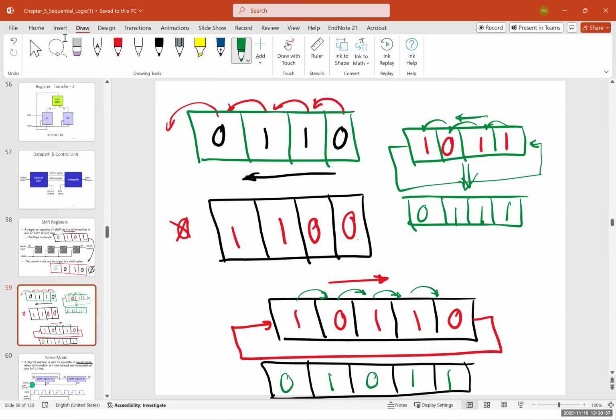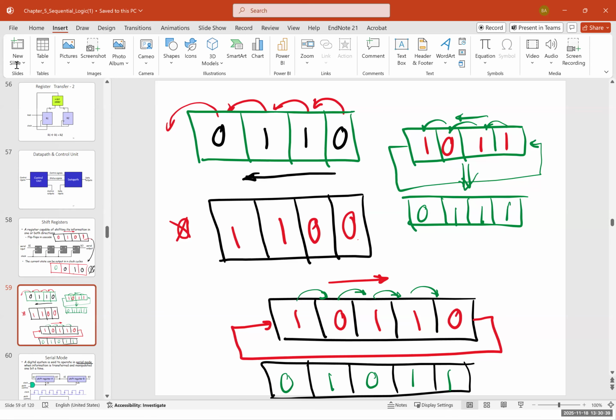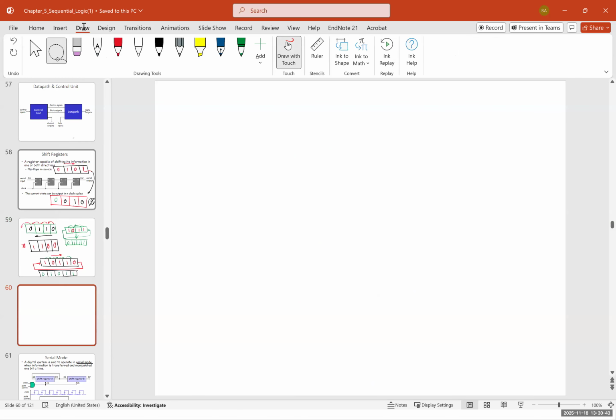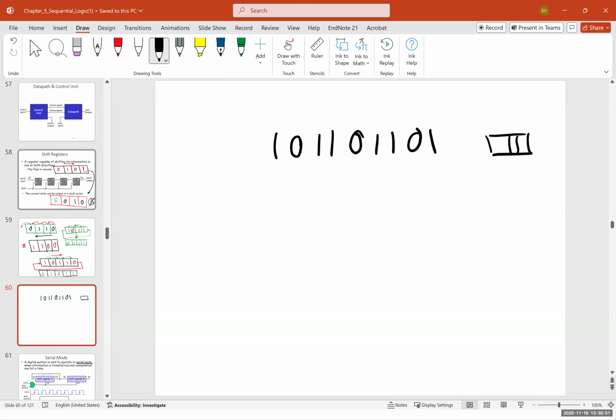Now, let me give you an example. Imagine I have this digit, 1, 0, 1, 1, 0, 1, 1, 0, 1, and I put it through a shift register that shifts to the right, and it's a closed loop shift register like this. What would the result be?